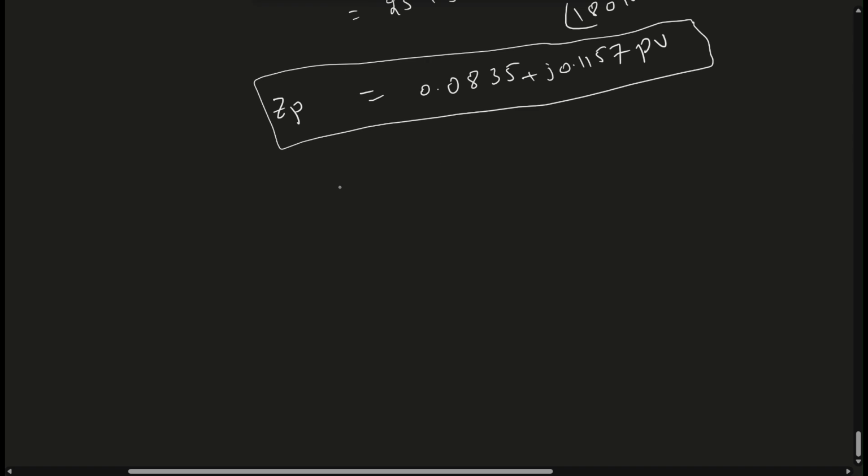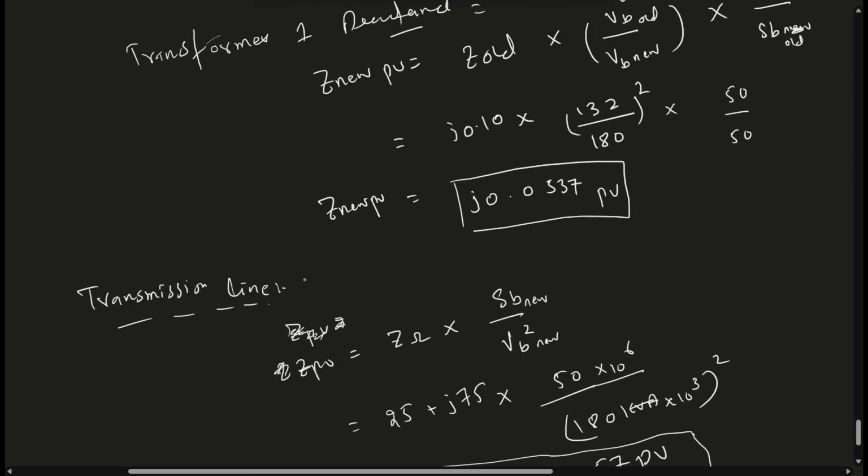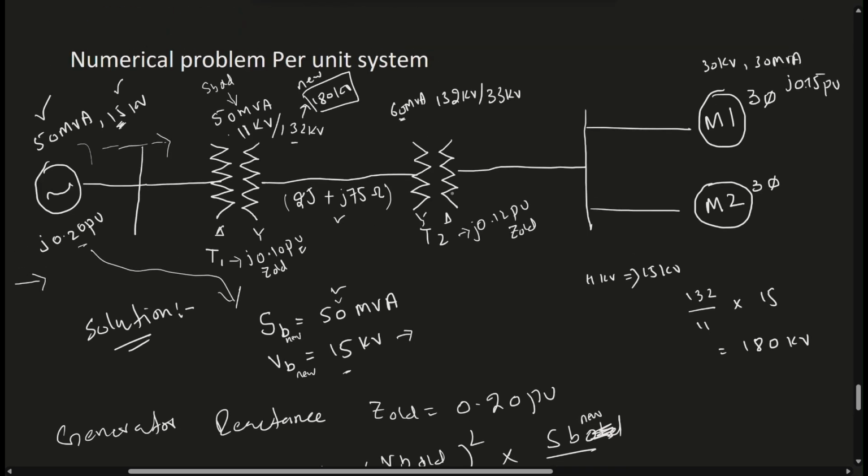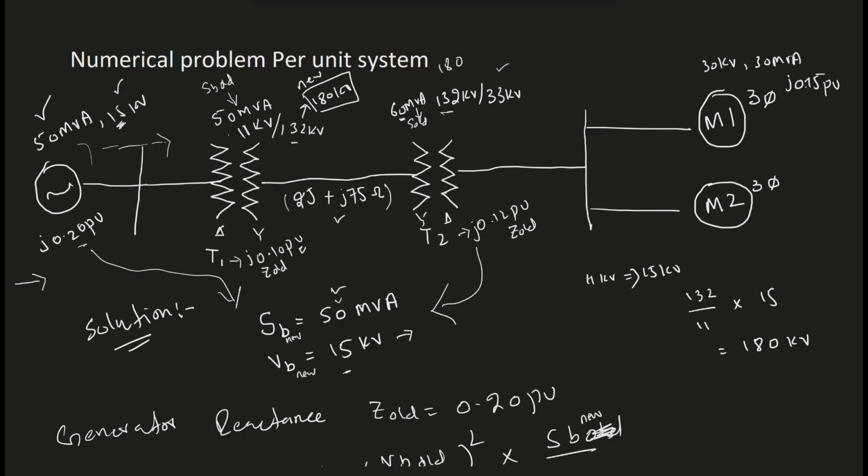Moving forward, in the SLD the next component is transformer 2. This is the T2 transformer, and again the impedance value is given in per unit, which is the old value. We will update this per unit value according to the new base values using the same equation. Now here the old value 132 is updated as 180. The S old is given as 60 MVA.